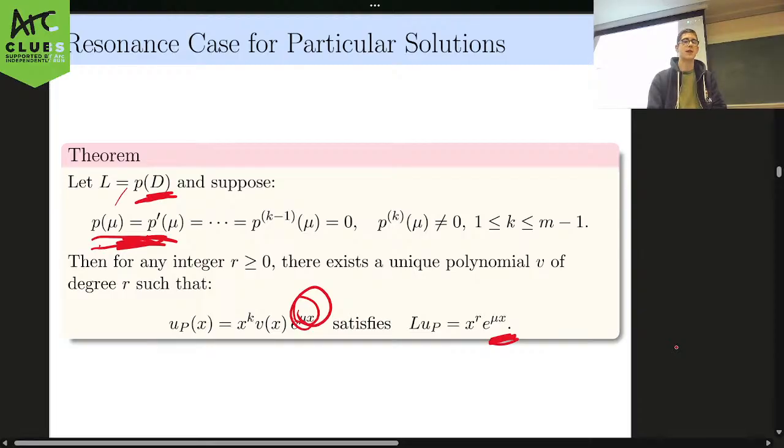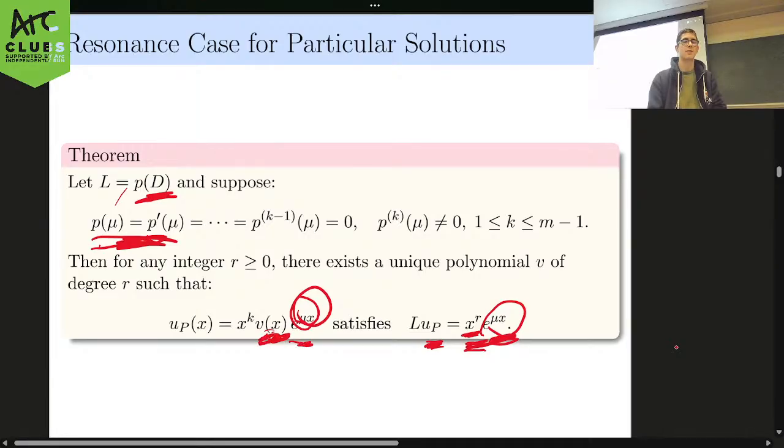And so if we're trying to find the particular solution to this inhomogeneous differential equation, where we have e to the mu x multiplied by some polynomial of degree r, then all we have to do is look at a polynomial v of degree r as well.